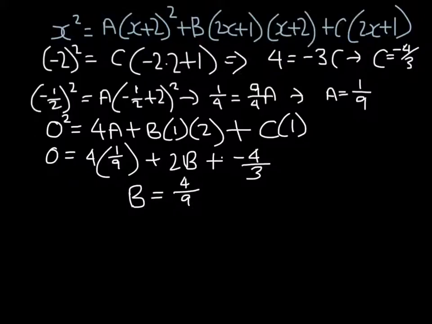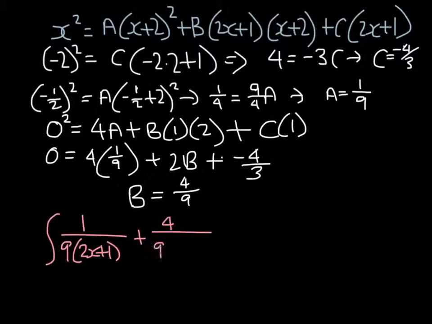So now we have our integral rewritten as the integral of 1/9 times 2x plus 1 plus 4/9 times x plus 2 minus 4/3 times x plus 2 squared dx.